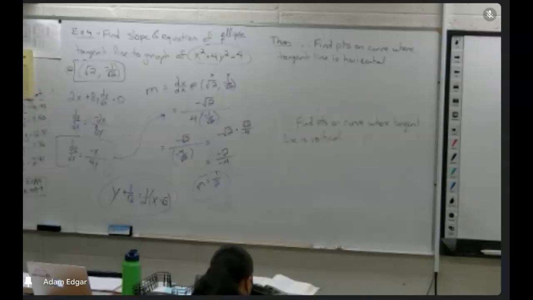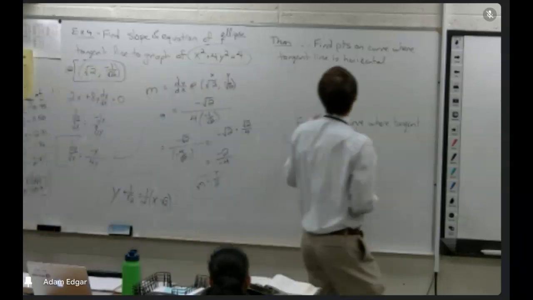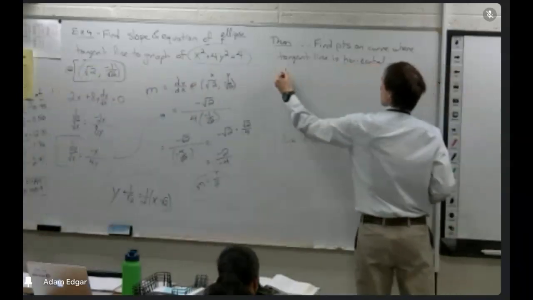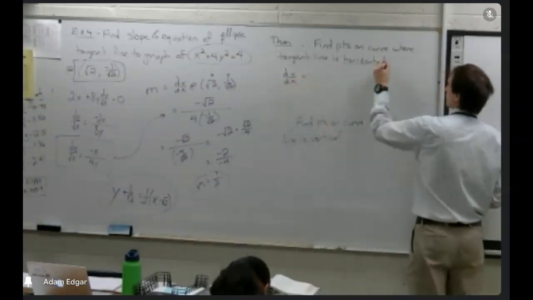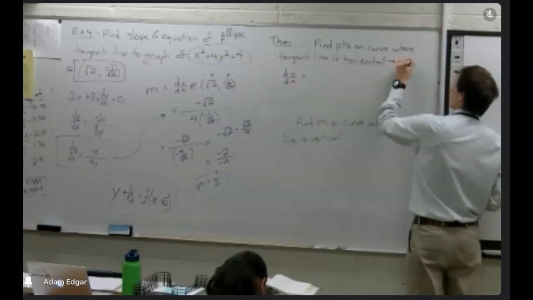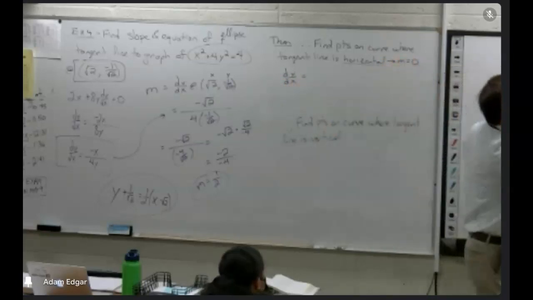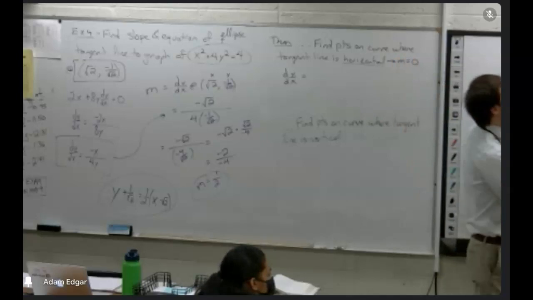So we've got our derivative, and we want to know where's the tangent line horizontal, so what do we do with our derivative to find points where the tangent line is horizontal? What do we set equal to 0?